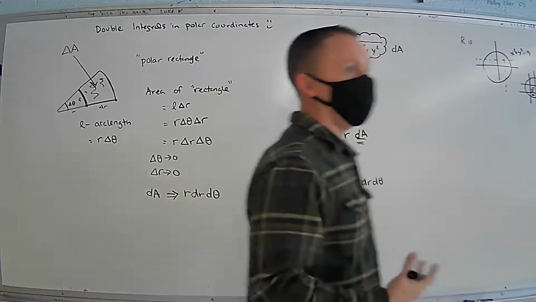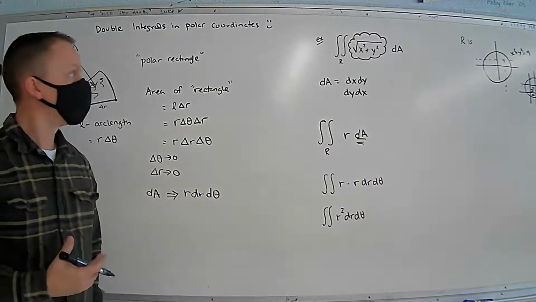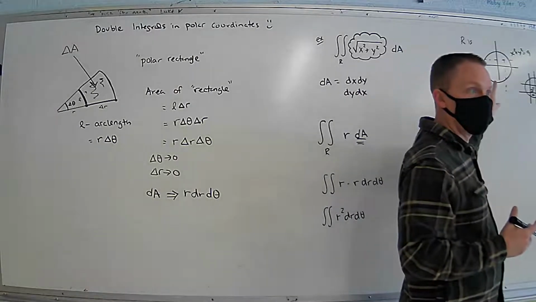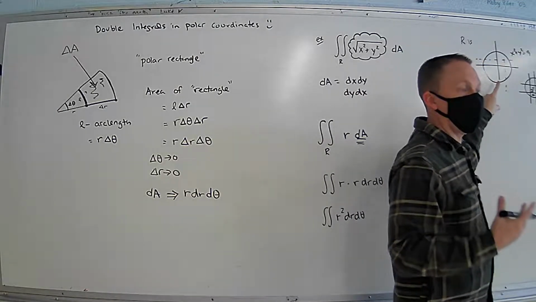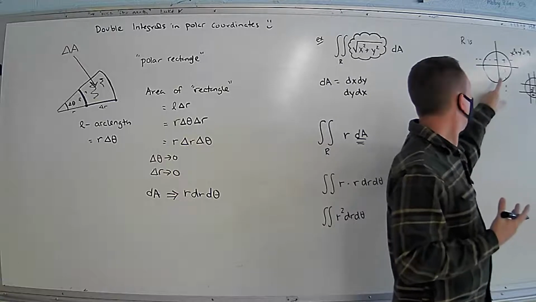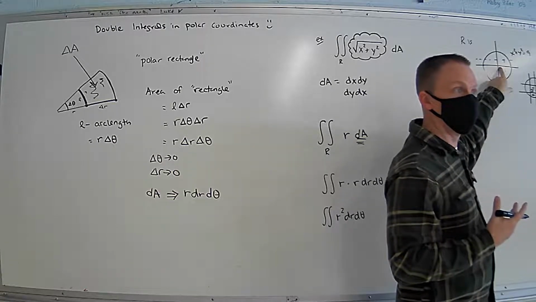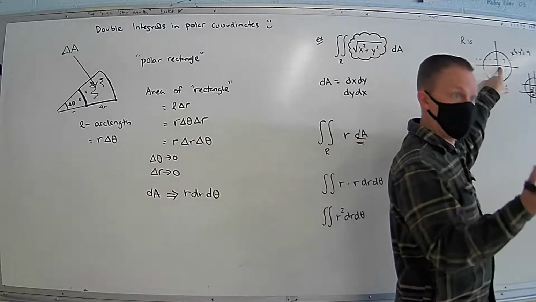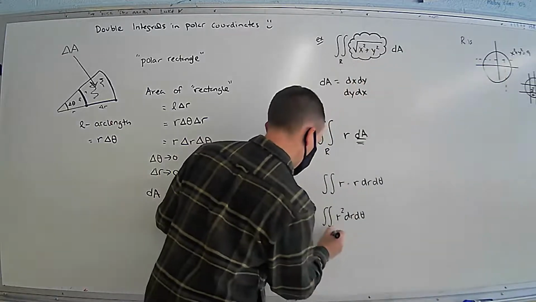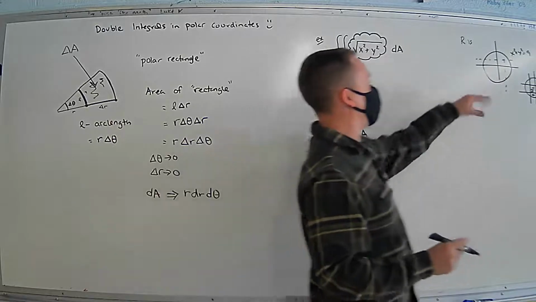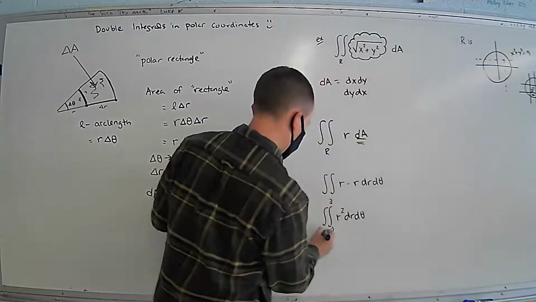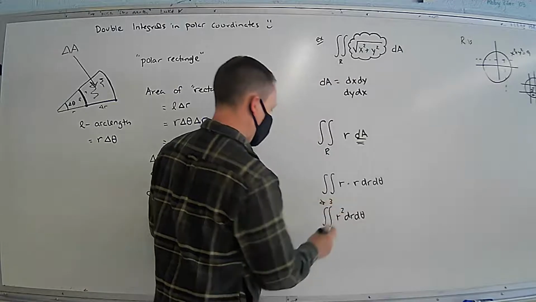Now, we can go ahead and put bounds on this. If I look at this picture right here, what are the bounds for R in this particular picture? 0 to 3. And what are the bounds for theta that are going to give you that entire picture? 0 to 2 pi.